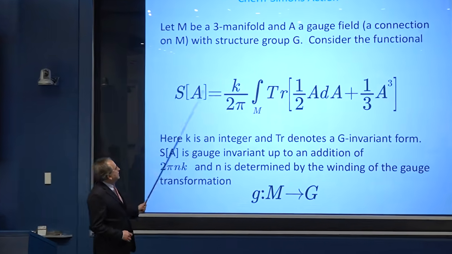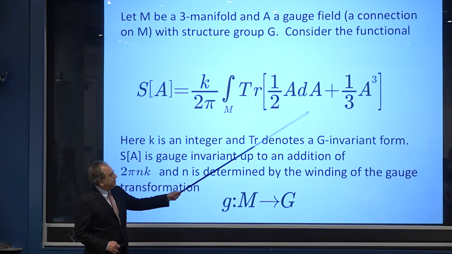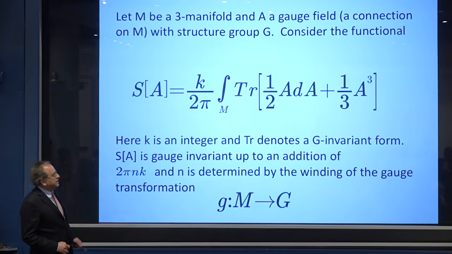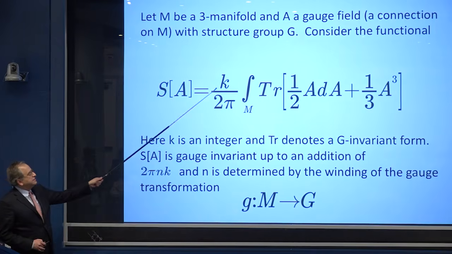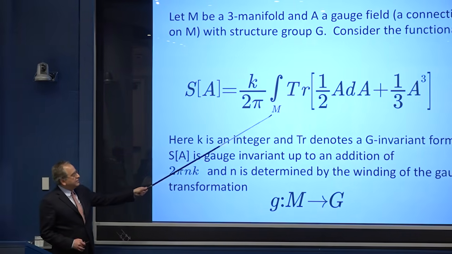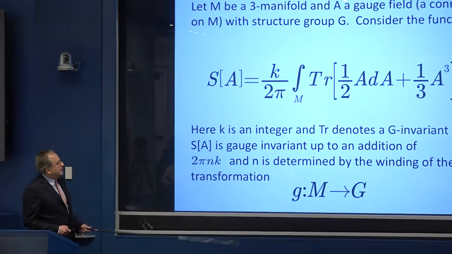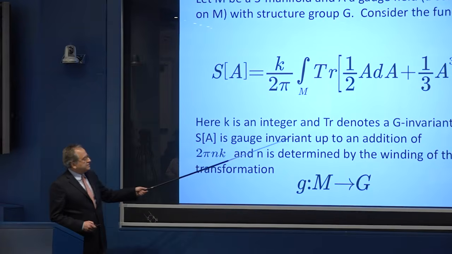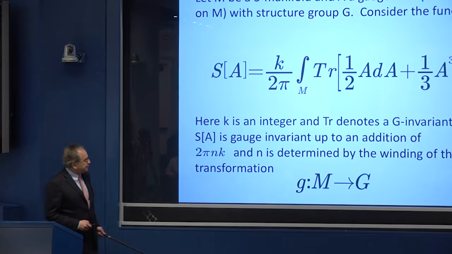We consider an action which is the integral of this form. You take A dA and 2/3 A^3 with some factors times an integer K. You integrate over the manifold M, and here K is an integer, and trace denotes some G-invariant form.